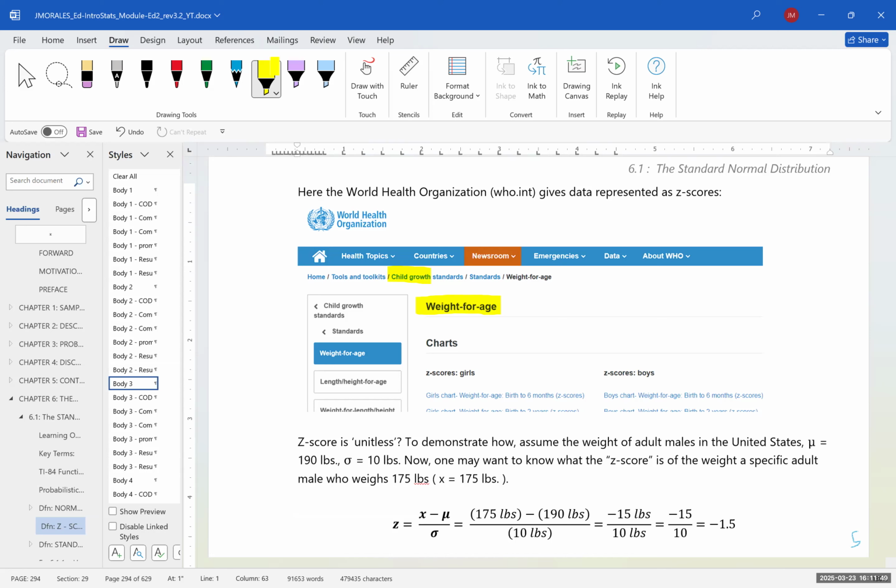And the weight versus age data was given in z-scores. Okay, so you can see that this is used not just in an academic setting. I mean, this is used all over the world, and for just about every technical discipline you can think of.